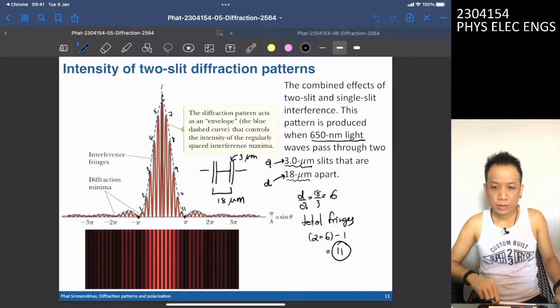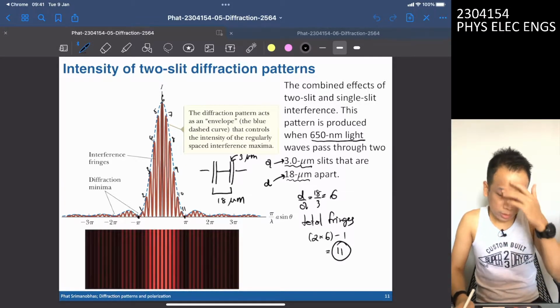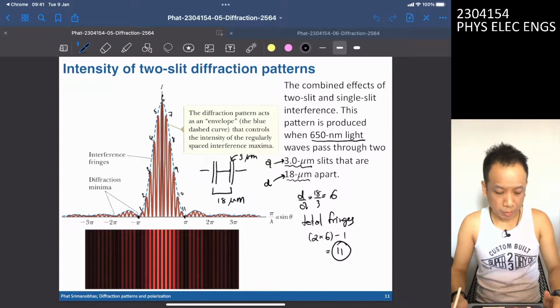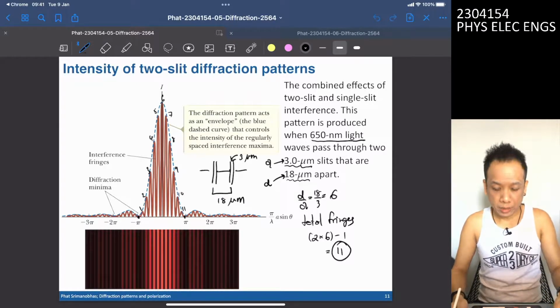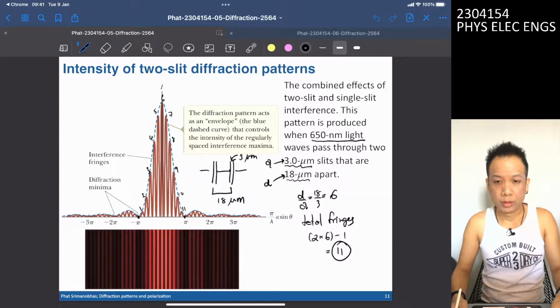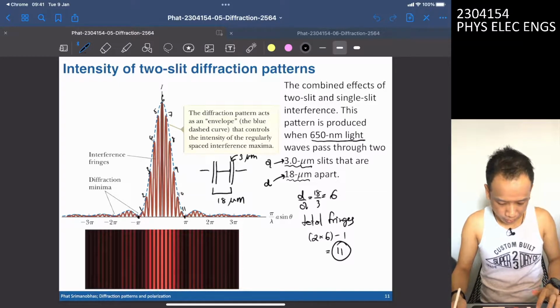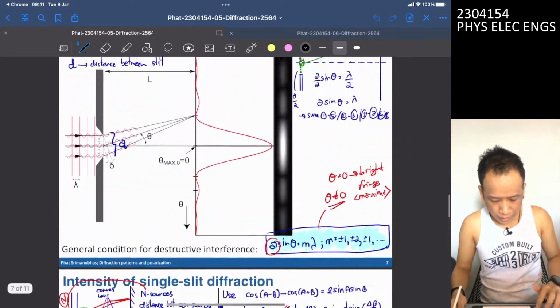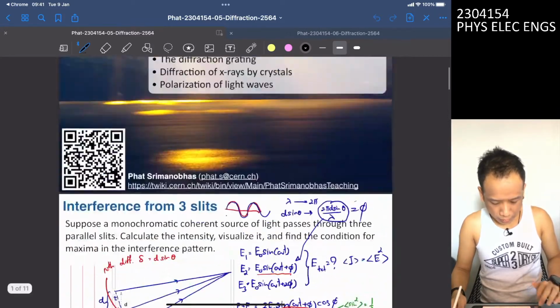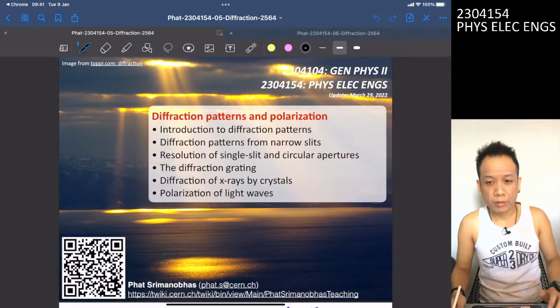Hello everyone. So we continue in the last part of the diffraction and polarization chapters. Last time we discussed what diffraction is.